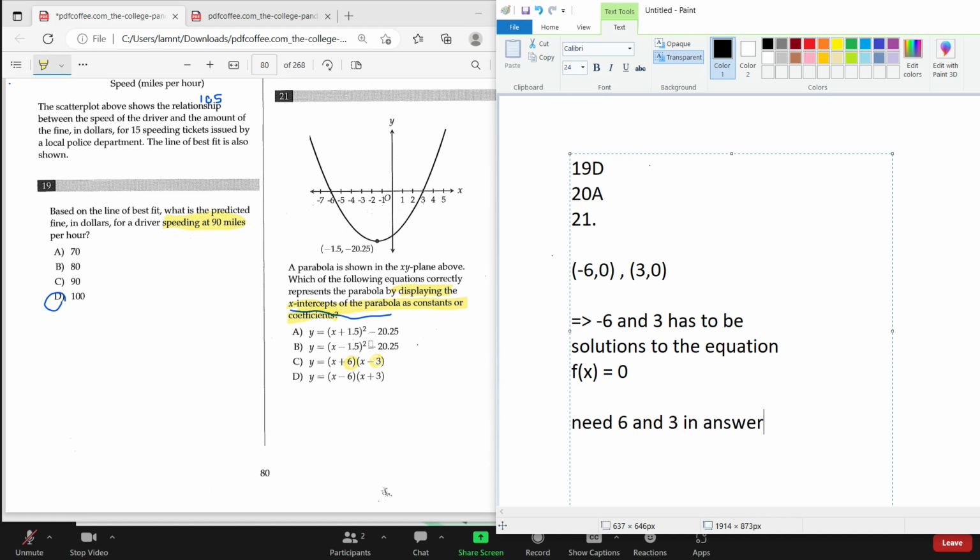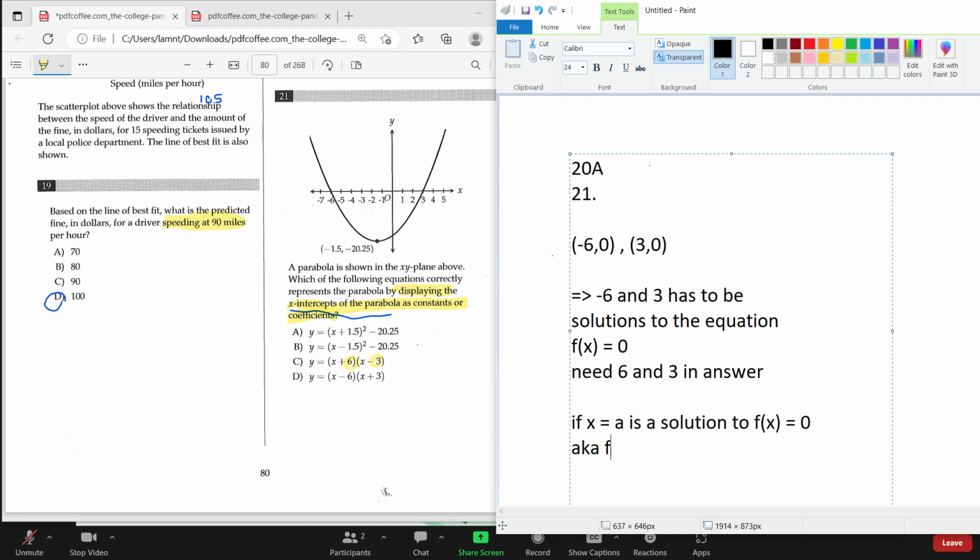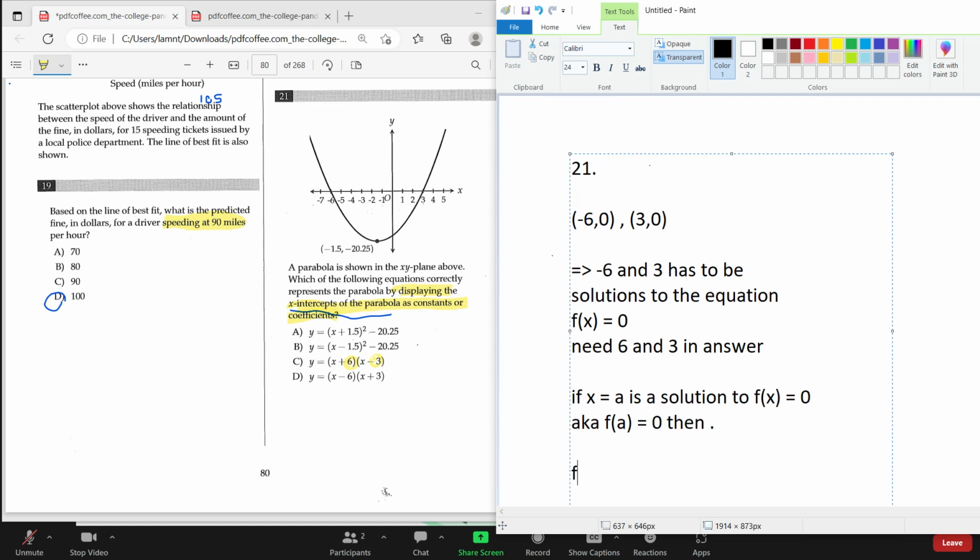So in this way, we know that if x equal to a is a solution to f of x equal to 0, aka f of a equals 0, then f of x is gonna be equal to x minus a times g of x.